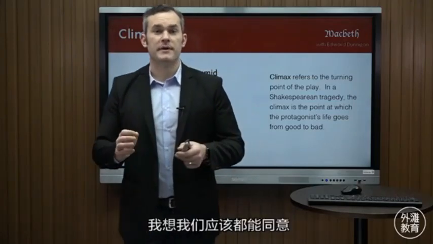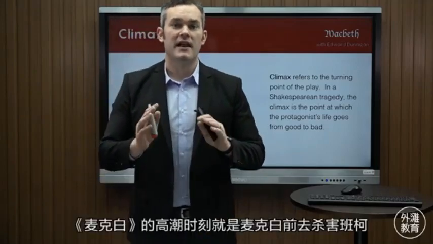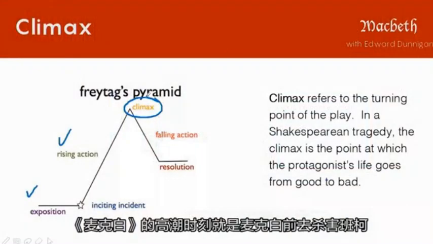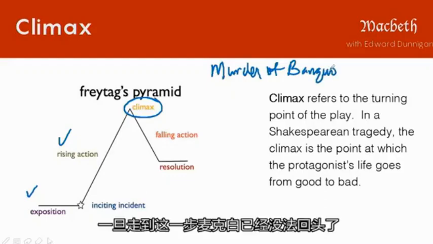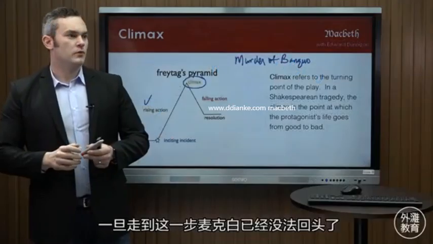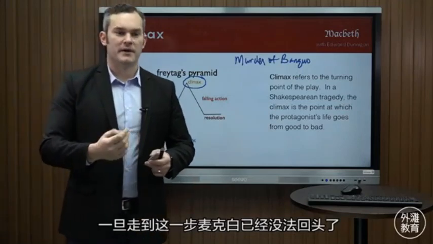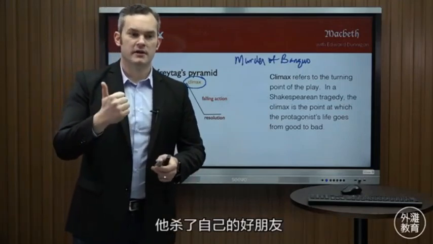I think that there's a little bit more of a consensus to believe that the climax of Macbeth is actually the murder of Banquo. Because this is the point of the play when really there's no coming back for Macbeth. He's murdered his friend.